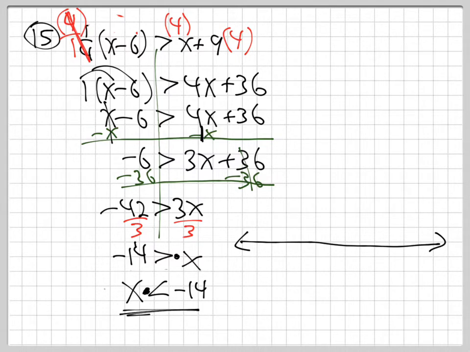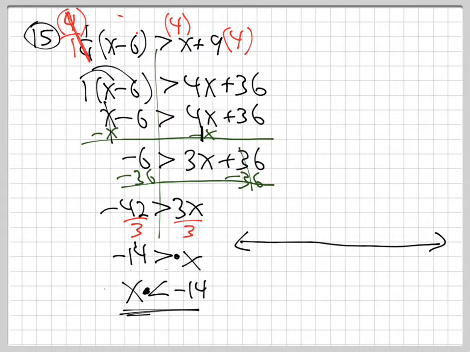See how they're both really saying the same thing? So that's what I was saying earlier. It doesn't matter which order things come in. You can have the x on the right or the left. And those two statements are actually the same. I just grabbed this statement and flipped the entire thing around, including the symbol, and I didn't change anything. X is still smaller than negative 14.